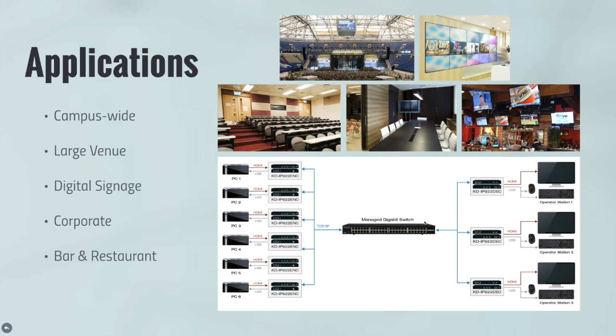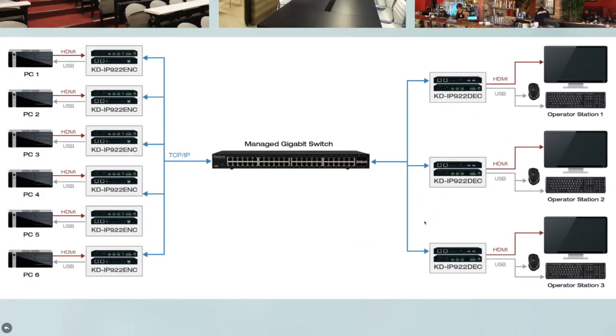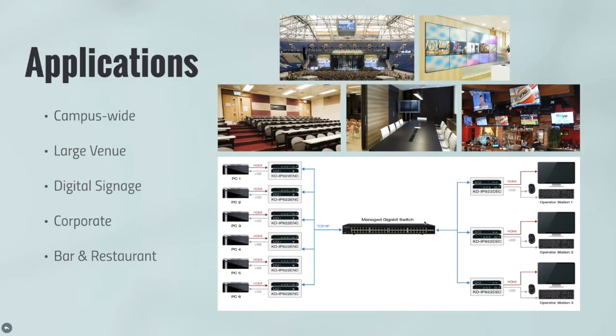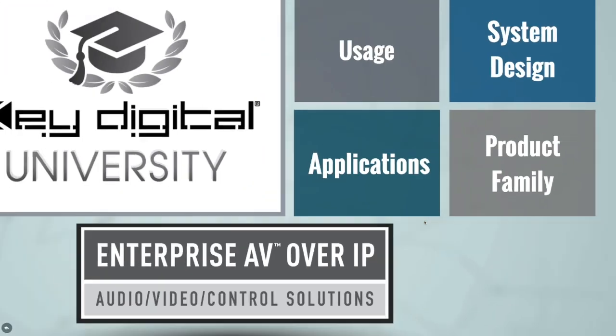It really lends itself naturally to AV over IP because you could go up to 100 meters from each source's encoder into the network switch, and then again up to another 100 meters out of the network switch to your display locations, where you will have one decoder per display.